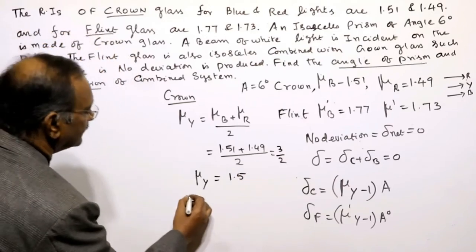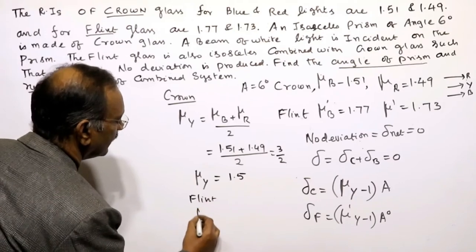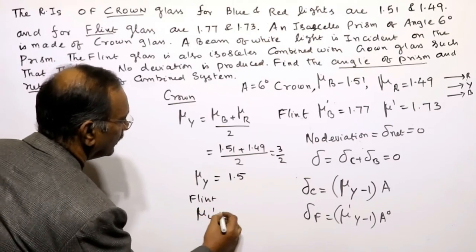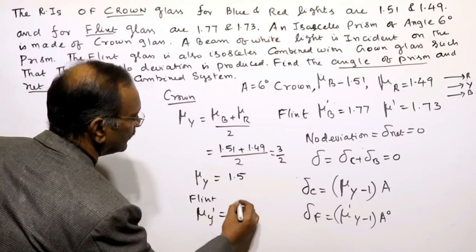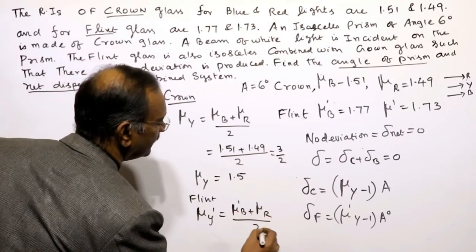Same way for flint glass, the refractive index for yellow is equal to the refractive index for blue color plus that for red color divided by 2.